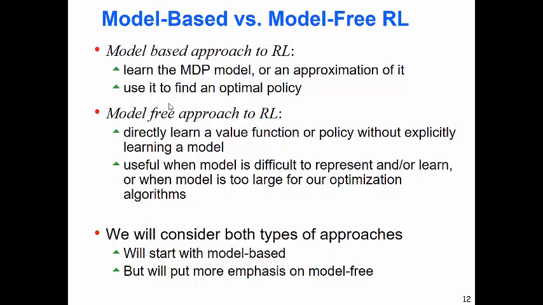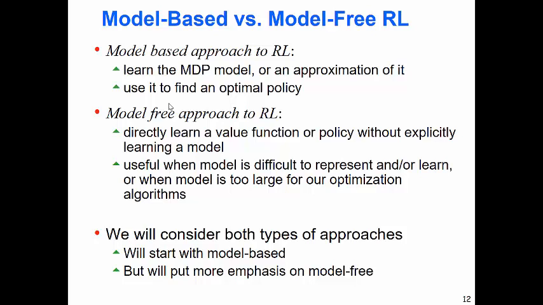The transition function is a square thing, a bunch of squares. So the size of the state space squared times A. So if you're going to learn a model explicitly in the flat case, you're going to need memory that's proportional to the square of the number of states.